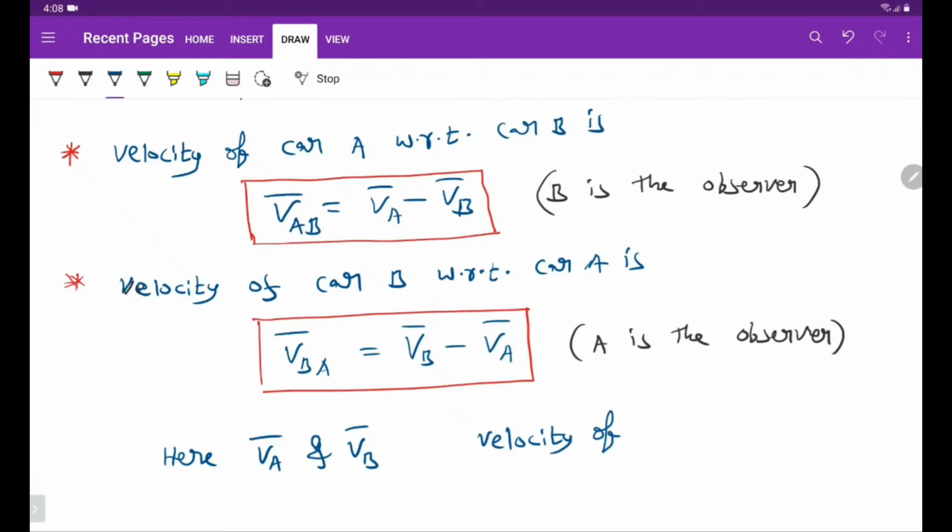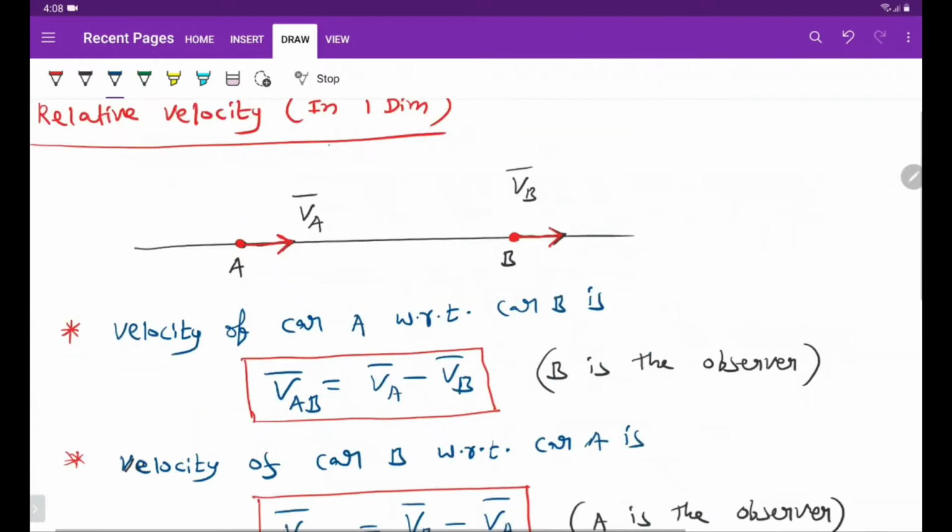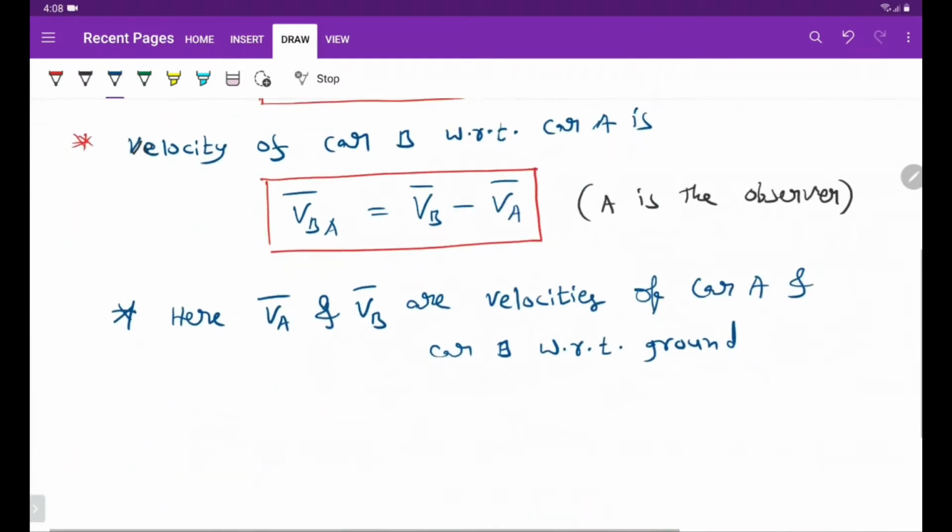VA bar and VB bar are the velocities of car A and car B with respect to ground. So this is the meaning of VA bar and VB bar. Remember this formula. Now we will solve one problem based on this.